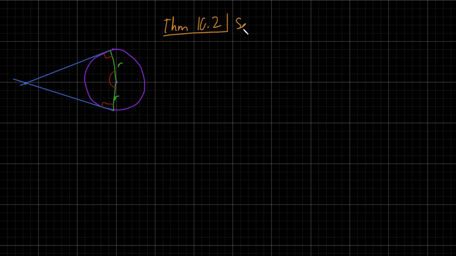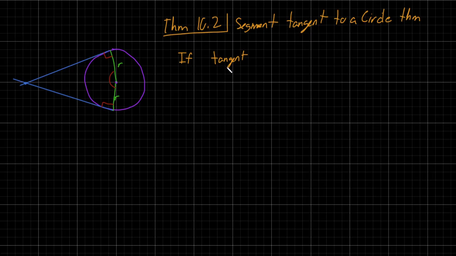And this is called the segment tangent to a circle theorem. Has a long name. This states that if we have, how many tangent lines do we have? Two, yes.